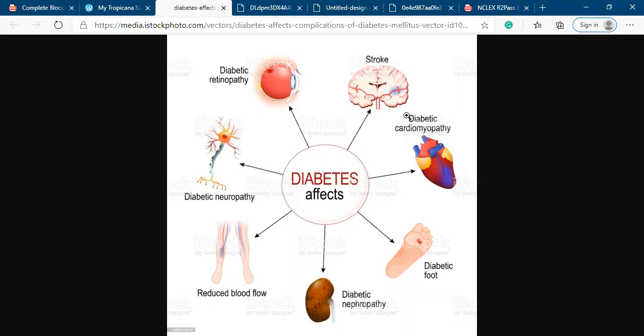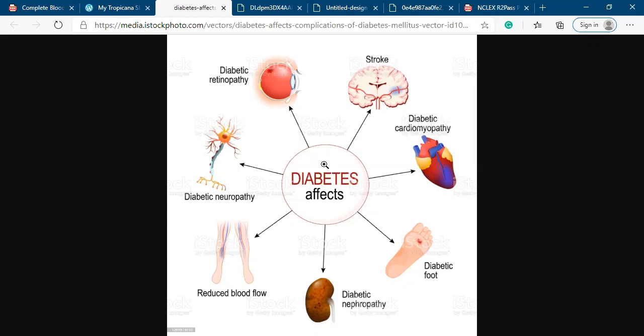It leaks your brain and causes stroke. And it also affects your foot, called diabetic foot. Even it eats your kidney and causes diabetic nephropathy. So uncontrolled blood sugar or uncontrolled diabetes causes eye problem, nervous system problem, heart problem, kidney problem, brain problem, right? And they are called retinopathy.